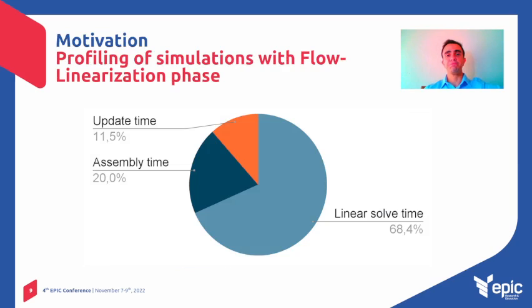So here I present a result of profiling simulations with OPM Flow. These results are regarding an ensemble of simulations, so these are average values, but it is illustrative in the sense that it shows us that the linear solve time is dominant along a simulation, taking almost 70% of the simulation time.